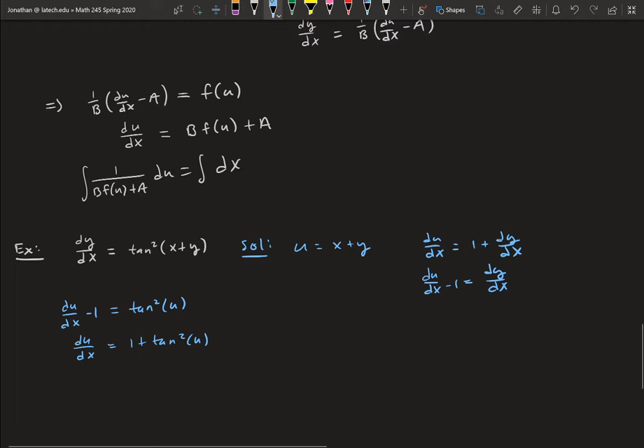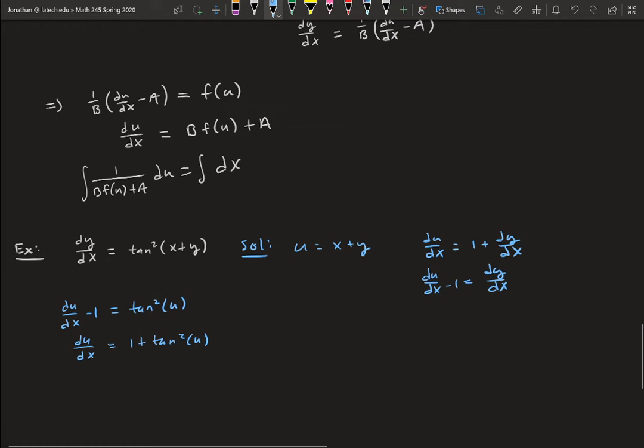There should be a bell hopefully going off in your brain a little bit. What is 1 plus tan squared u? Don't everybody say it at the same time. It's a trig identity. Hopefully it's still there somewhere.